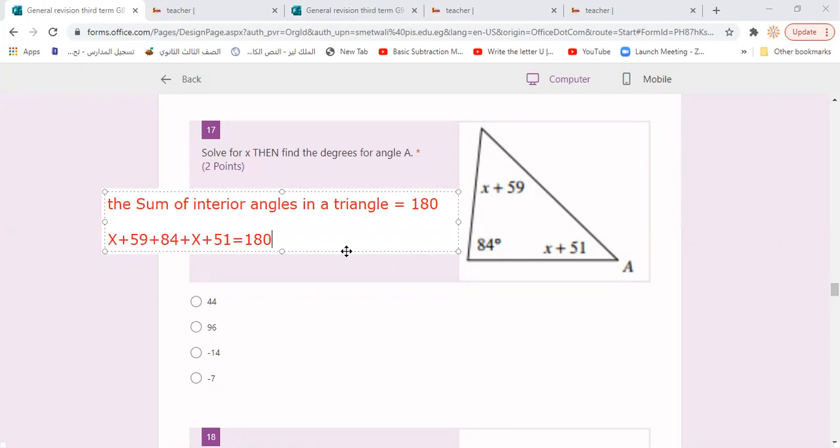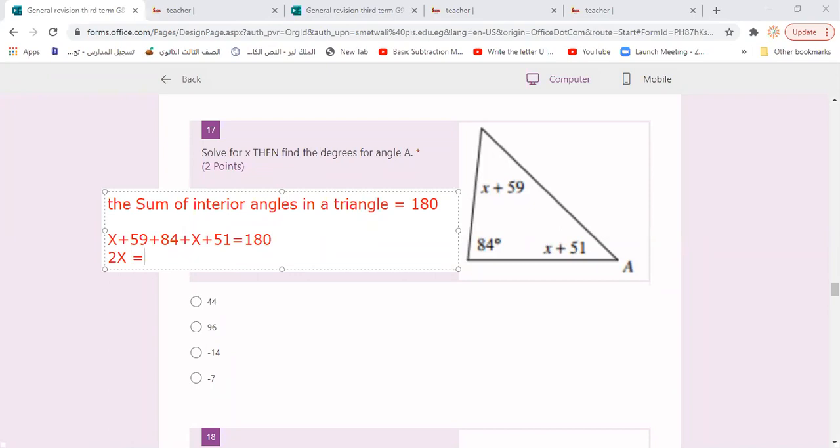Then the sum of interior angles inside any triangle equals 180. We will write the equation first, and the next step we are going to add the like terms together. How many x do you have in this question? 2. So we have 2x.